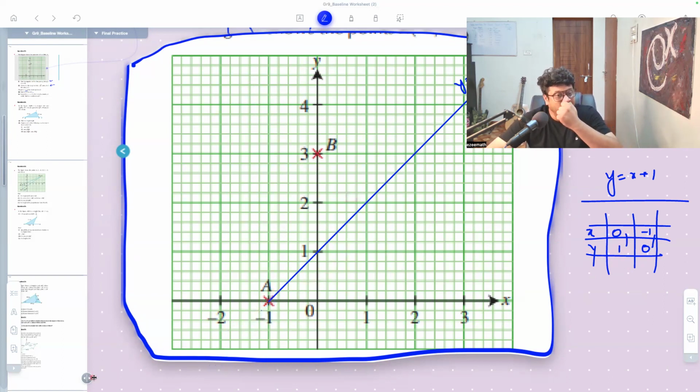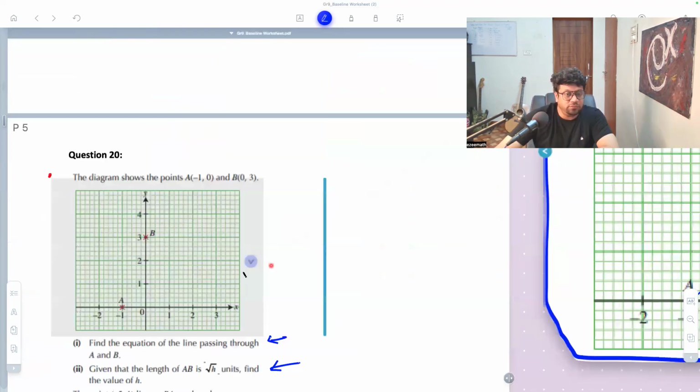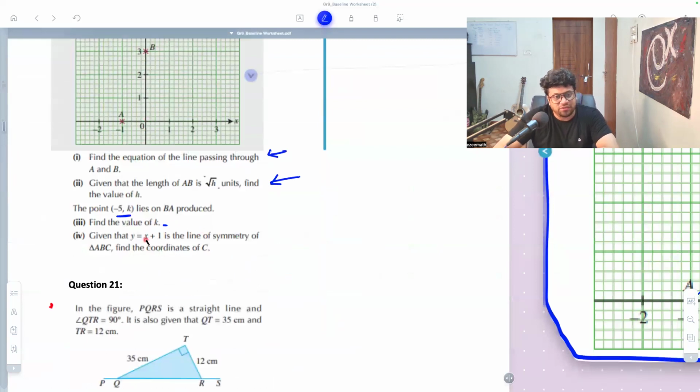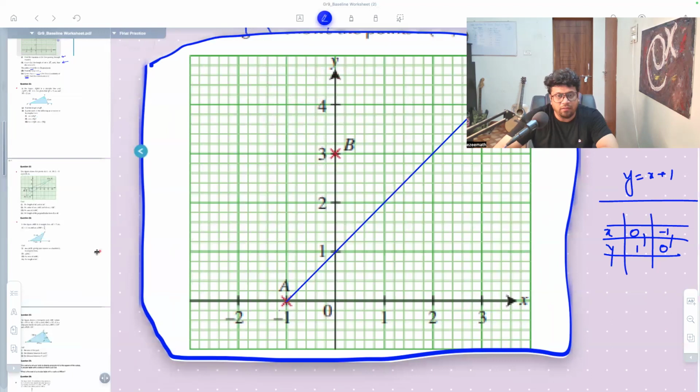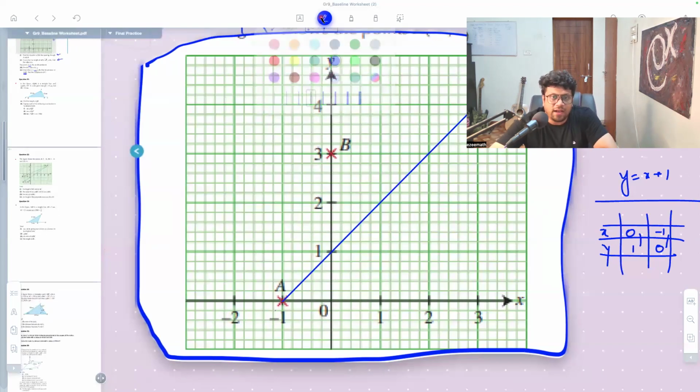Now they're saying that this line, y equals x plus 1, is a line of symmetry for the triangle ABC. It means that there is a triangle they're trying to create, and this happens to be the line of symmetry for it.